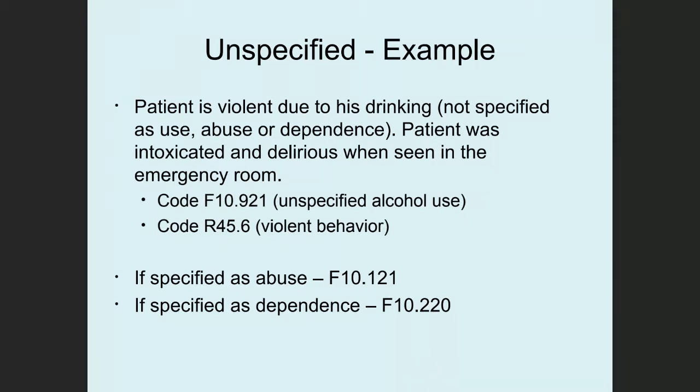Now notice if it's specified as abuse, you wouldn't use F10.921, you use F10.121. If it's specified as dependence, you would code F10.220, not F10.921. So it's only if it doesn't say use or abuse.